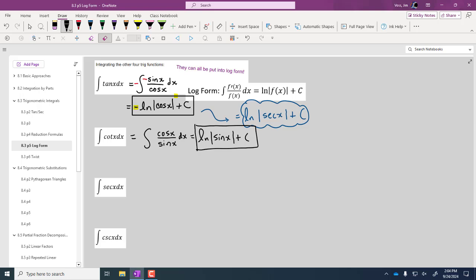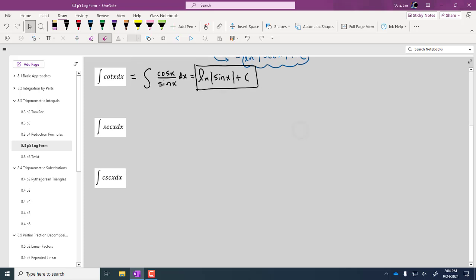Now the hard ones. So secant, we just saw it on the other slide. Its antiderivative is natural log of the absolute value of secant plus tangent. Now, we already said that you should be able to put it in log form. So this means that you need to be clever, multiply by 1.